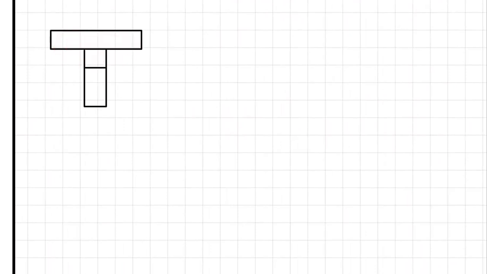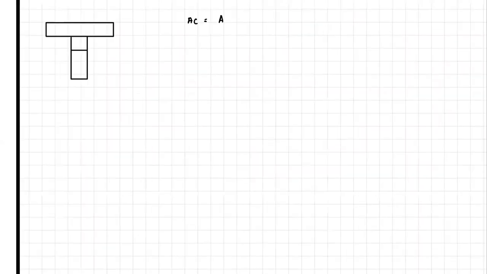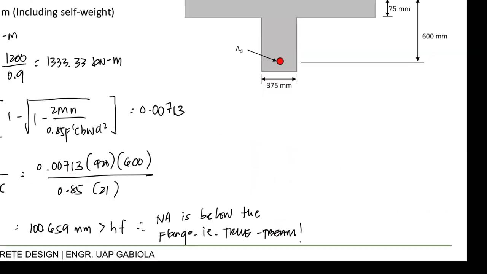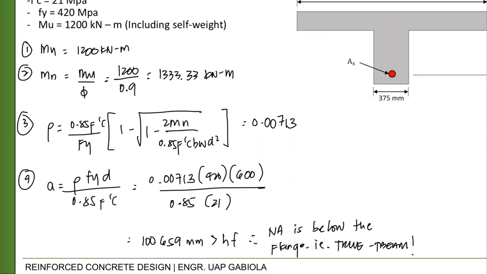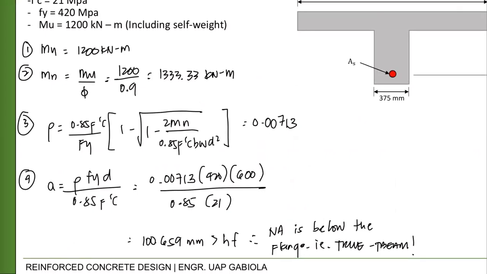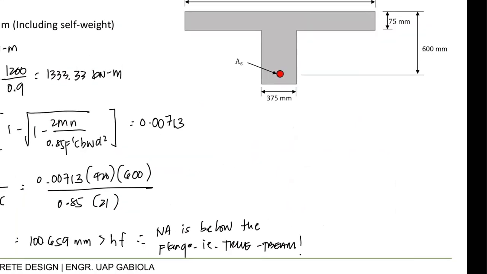Okay? So to identify AC, we can calculate our rho.